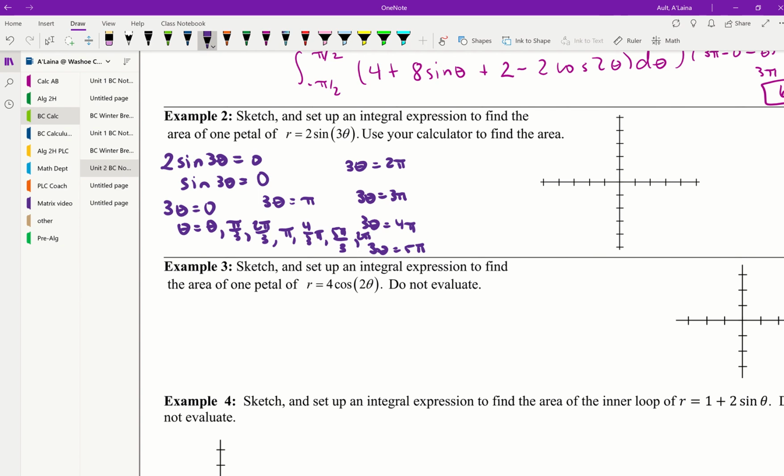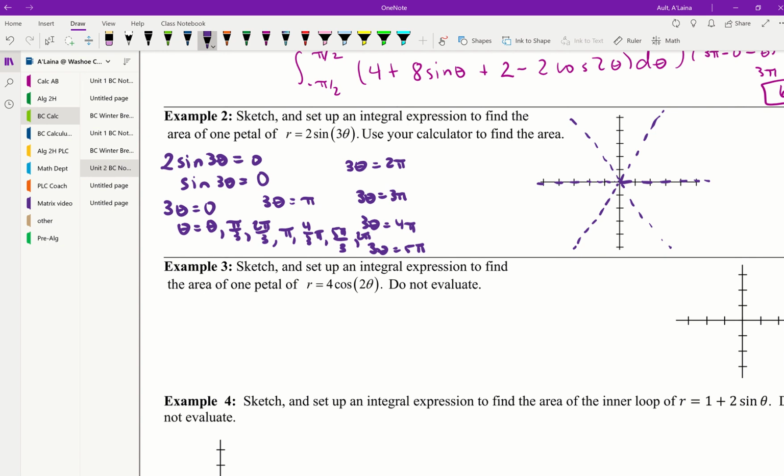Now, since this is odd, we're going to actually have more little intervals here than I actually need. I'm going to just draw in some little dots here. This is going to zero out at 0, at pi over 3, at 2 pi over 3, at pi, at 4 pi over 3, at 5 pi over 3. Notice there's 6 intervals, but there's only 3 petals. So where am I actually having some area?